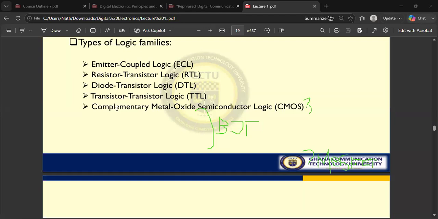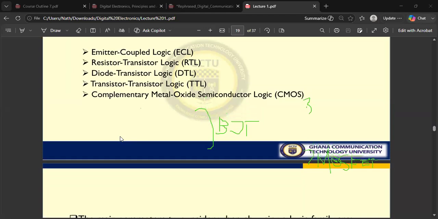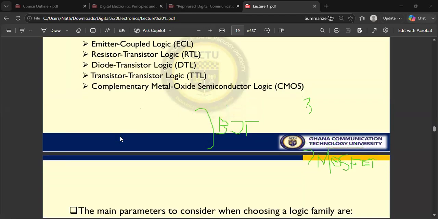It is mostly used in microprocessors, microcontrollers, RAMs, and other logic circuits. It has low power consumption compared to the other logic families, and it has high noise immunity.